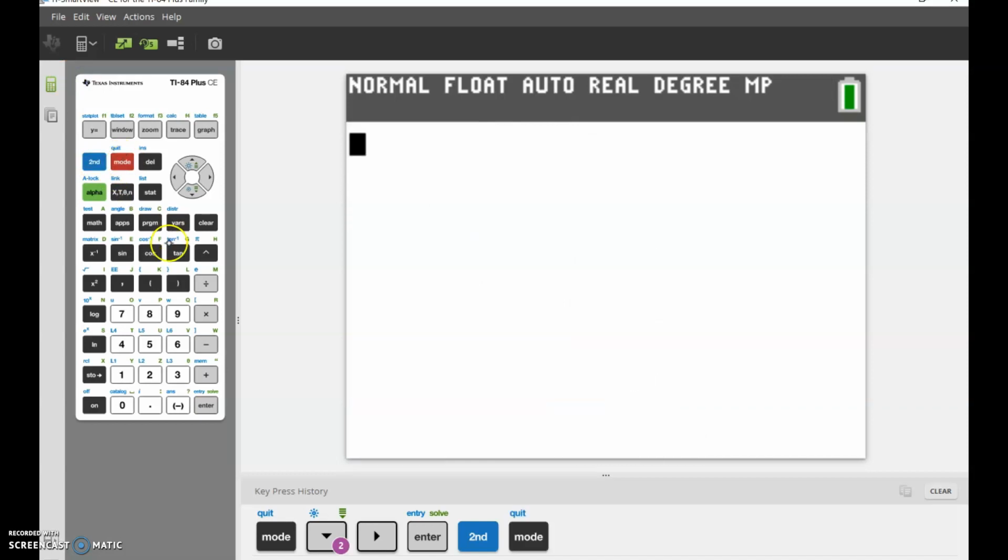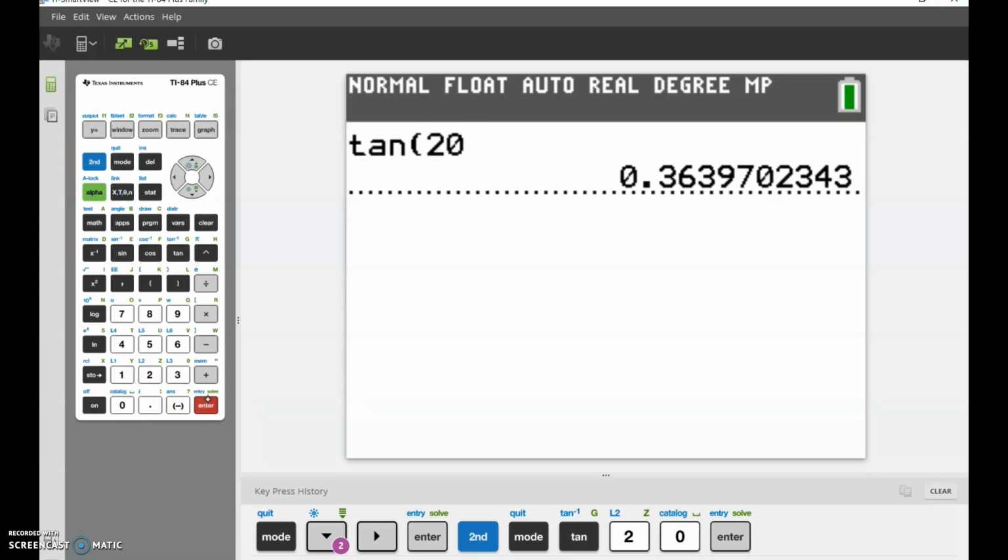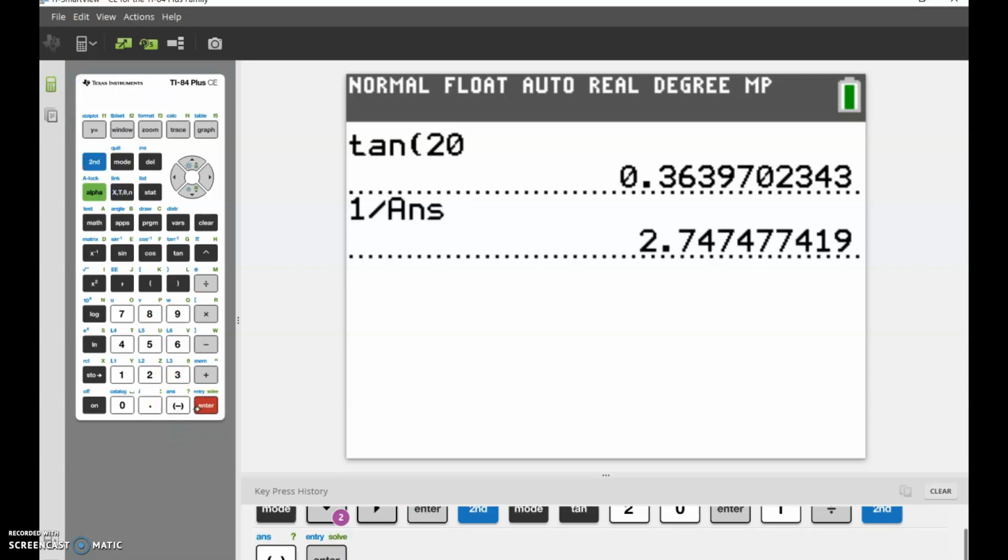All right, so the first one was tangent of 20. So 0.36. Now for cotangent, we can do a couple things here. I can do 1 divided by, now I see in blue above my negative sign, answer. It uses the answer from the previous line.